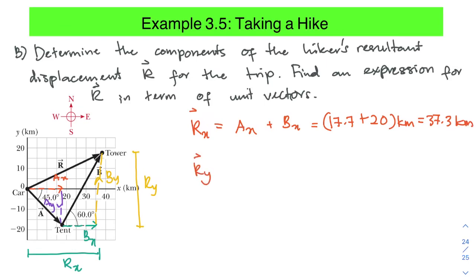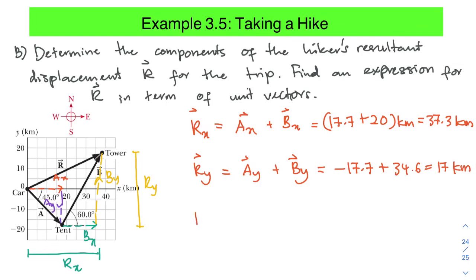For RY is AY plus BY equivalent to negative 17.7 plus 34.6, which gives you 17 kilometer.